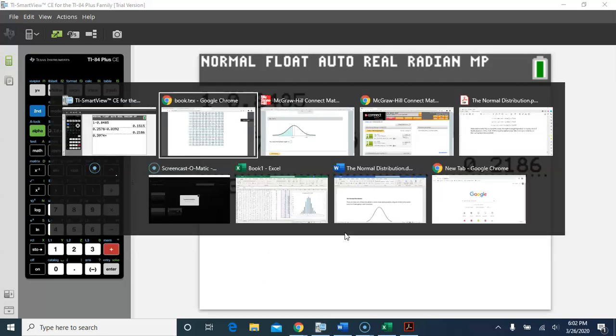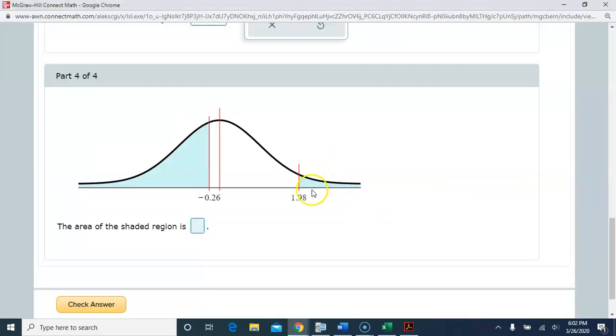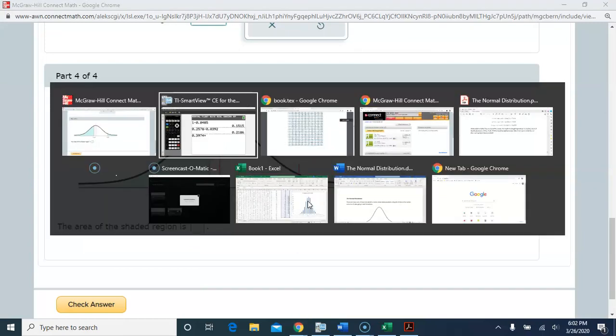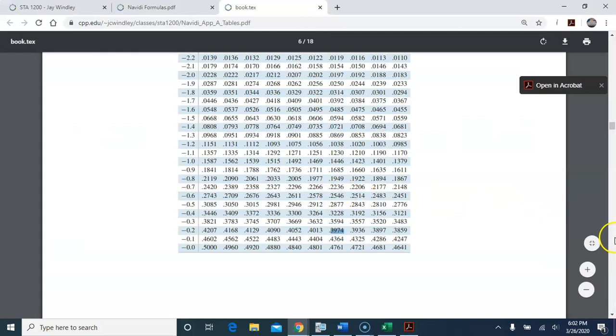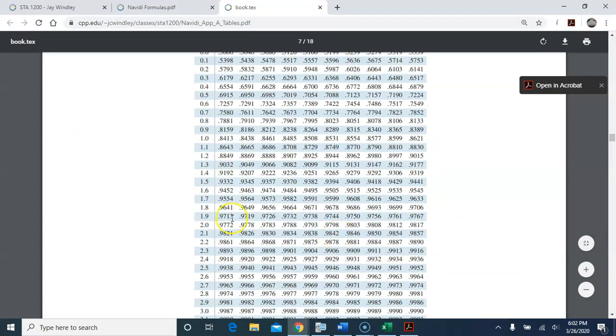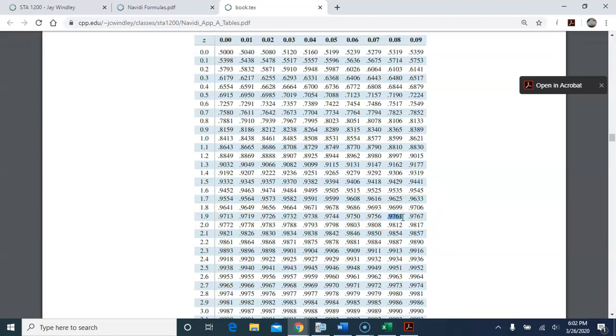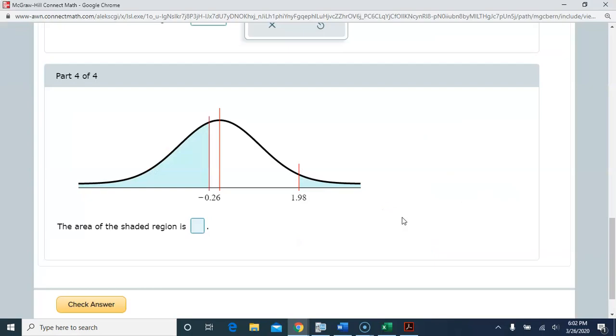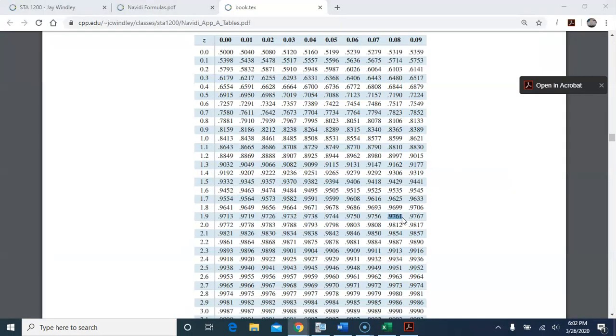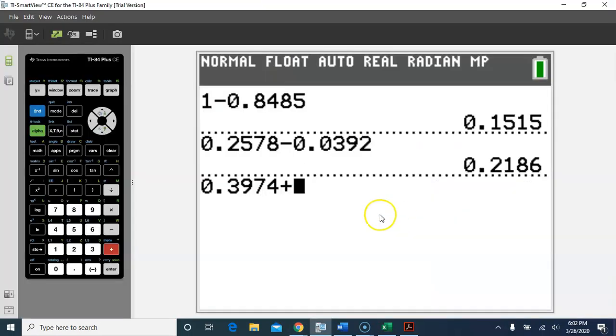And then we're going to add to that this area over here, which is greater than 1.98. So if I look up a z-score of 1.98, that's 0.9761. But the area greater than that is going to be 1 minus 0.9761.